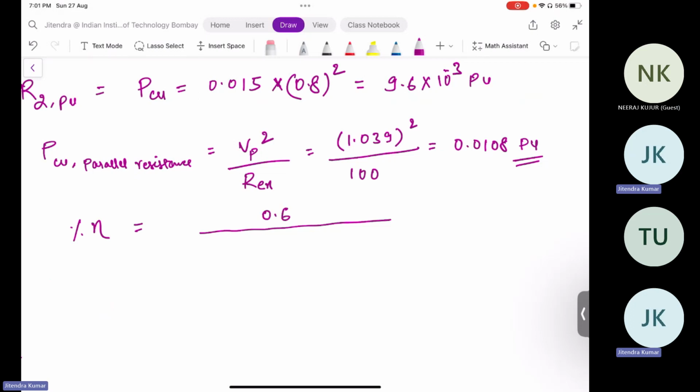So 0.064 divided by 0.064 plus 0.0096 plus 0.0108, into 100%. Whatever value comes is your efficiency.